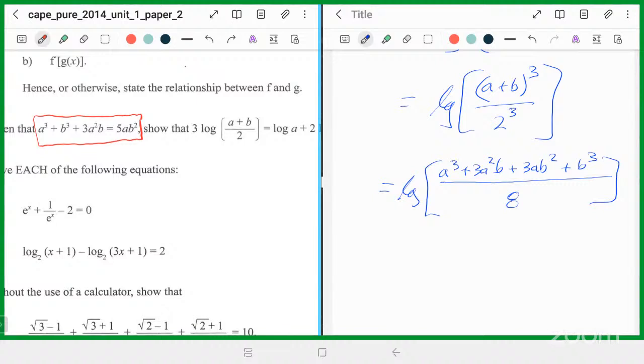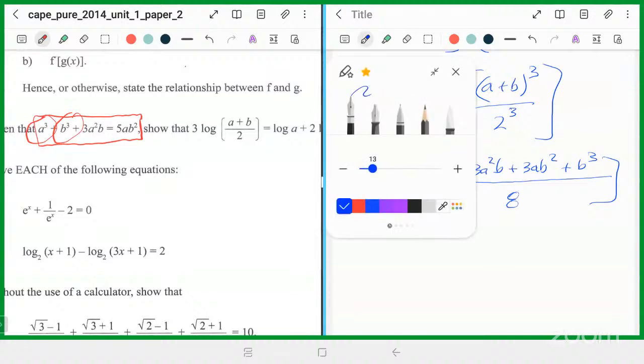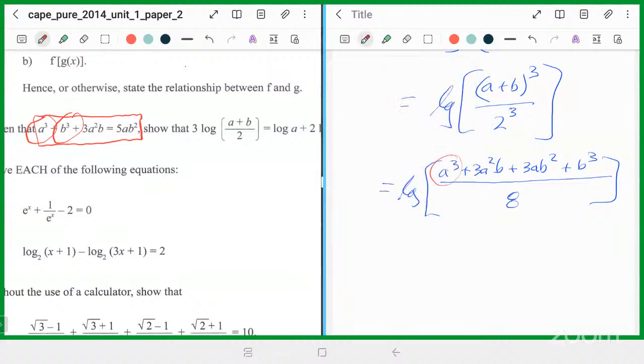So the a cubed and the b cubed over here will be these two terms, plus this 3a squared b. So those three things that I've written equal 5ab squared.